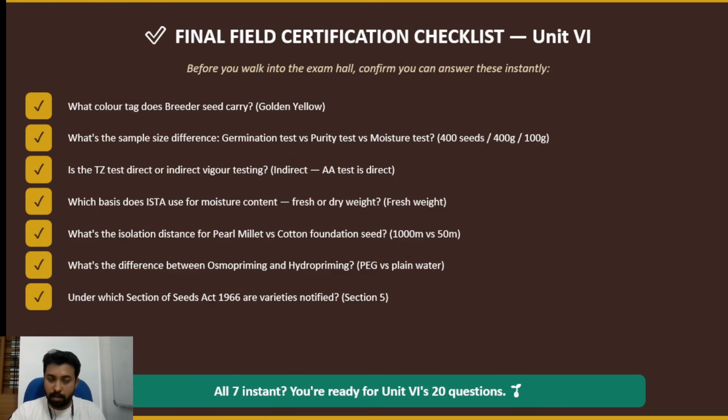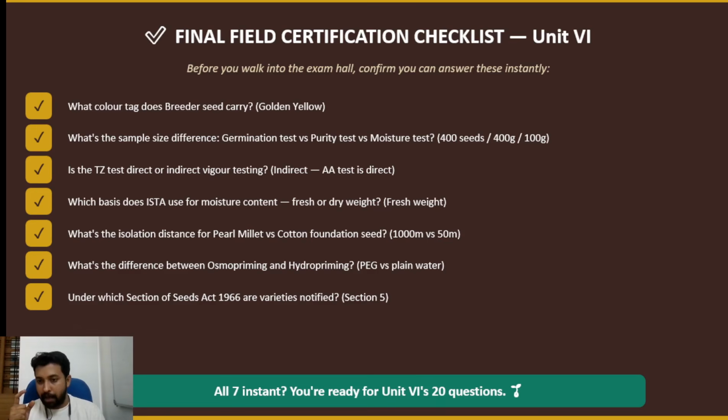These are the main areas you should not skip before you go to your exam hall, because this unit is just again the same questions asked at the question level. At the end of the class, you should at least be able to answer these questions correctly. So the main thing is that unit 6 of seed technology is that important.